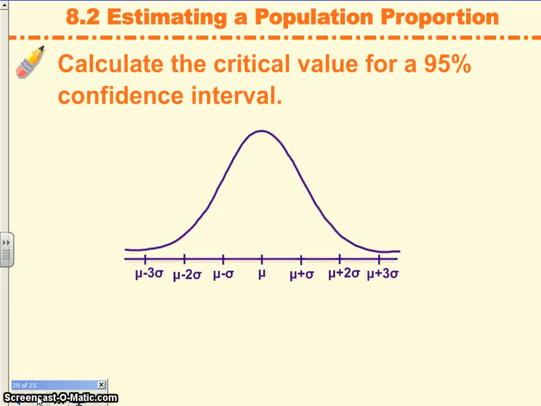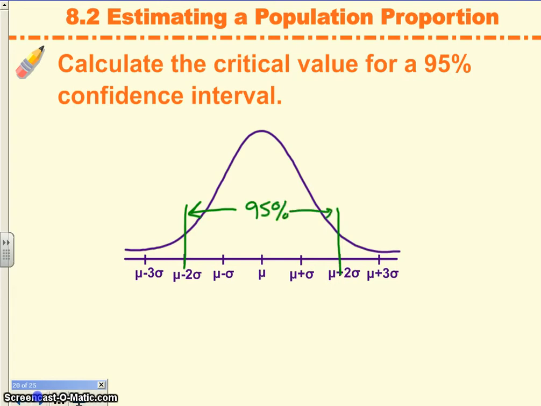Here's an example. Calculate the critical value for a 95% confidence interval. Now, we've already said it's about 2, but about isn't good enough. We're going to get a very specific value for this. Here's my normal distribution. We know from the empirical rule that about 2 standard deviations above or below the mean gets me 95% of my data.